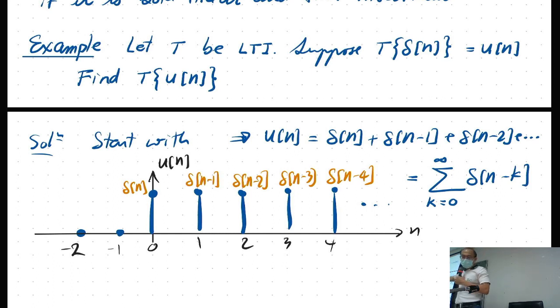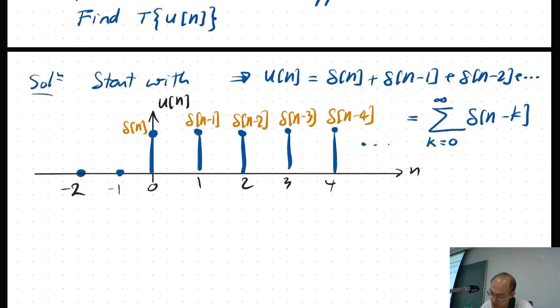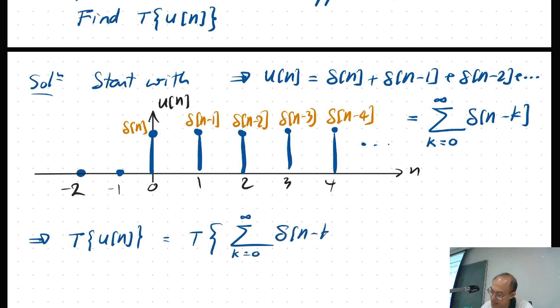So once we know their relationship, we can apply u[n], this infinite sum, as the input to T. So we are replacing u here with this infinite sum. What we are asked to find is T of u, which would be T of sigma, k equal to 0 to infinity, of delta n minus k.